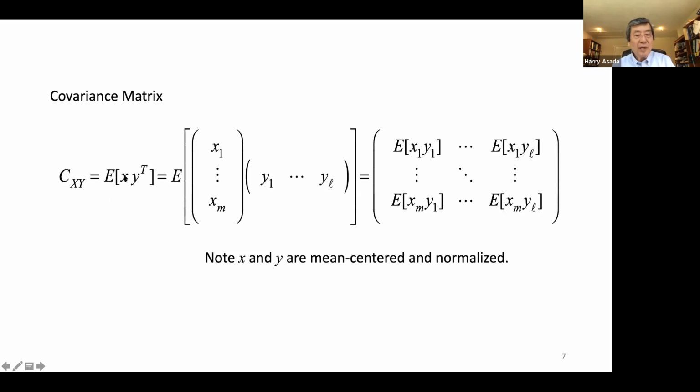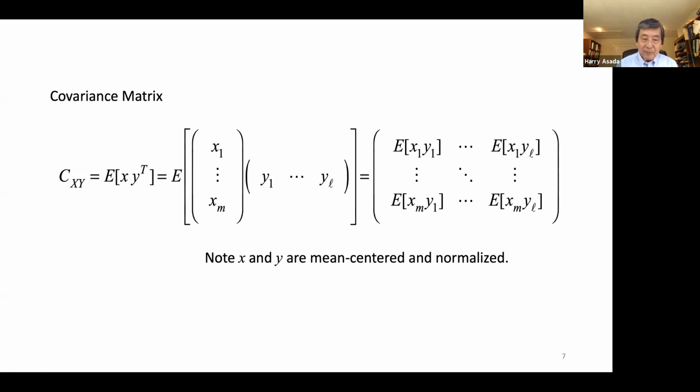Both X and Y are vector quantities, right? X is a column vector like this, and Y transpose is a row vector like this. Taking the product between the two vectors, you get this expansion. We can take the expectation for each of them, and we write this as the covariance of XY.